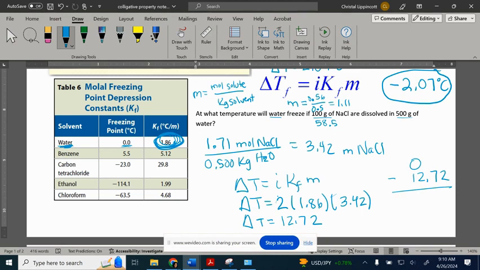So 0 minus 12.72 is a negative 12.72 degrees Celsius. And that is my final answer. That's why salt is effective on the roads, because it's going to drop that temperature down. They're not going to use that much salt on it, though, so it's not going to drop it that much, but you get the idea, right?